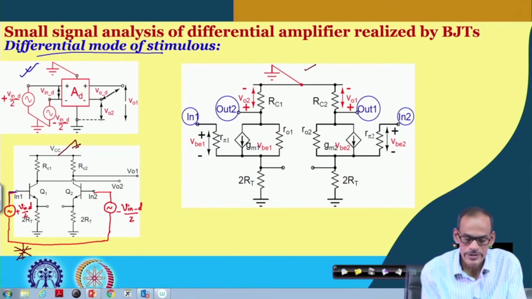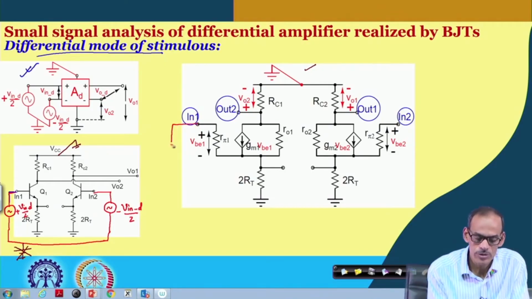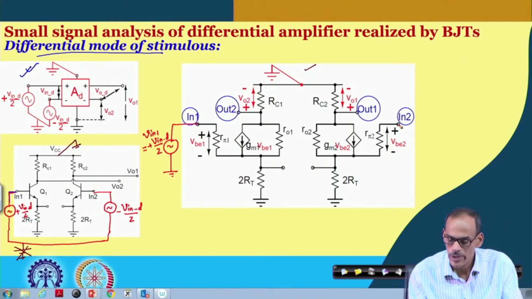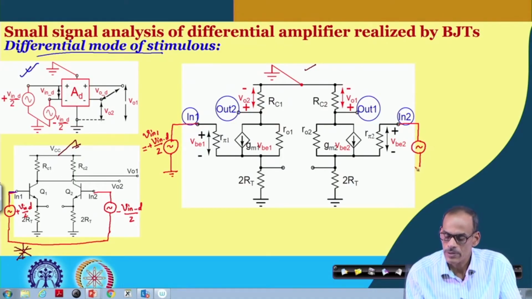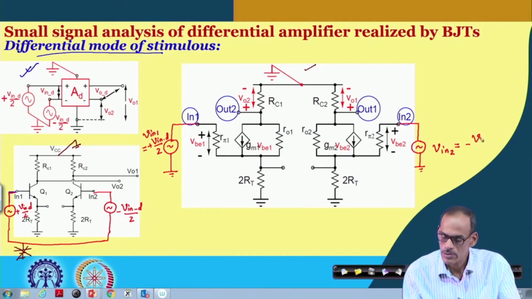And so, in the small signal equivalent circuit, at this input we are applying, say, V in 1 equals plus V in D by 2. Likewise, at the other input we are applying V in 2 equals minus V in D by 2.